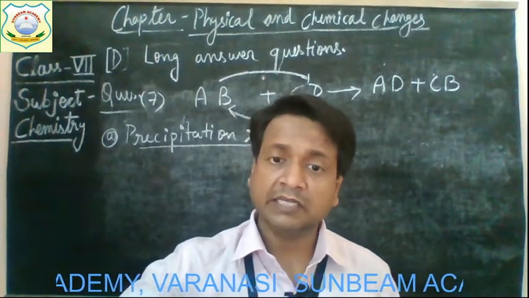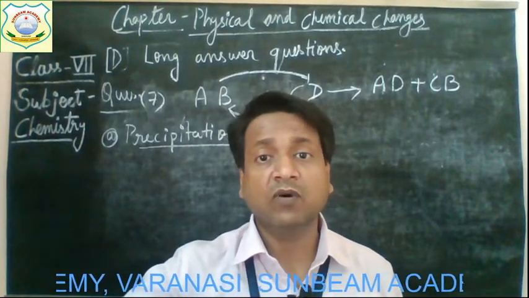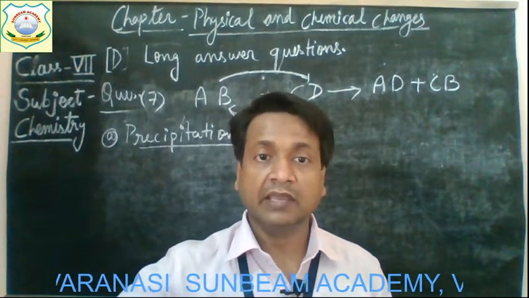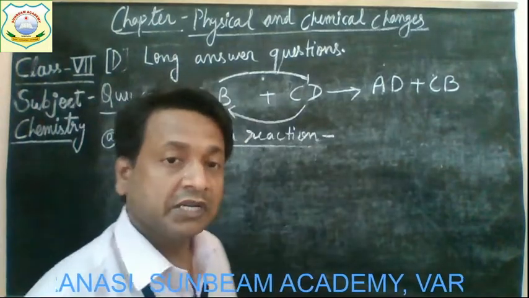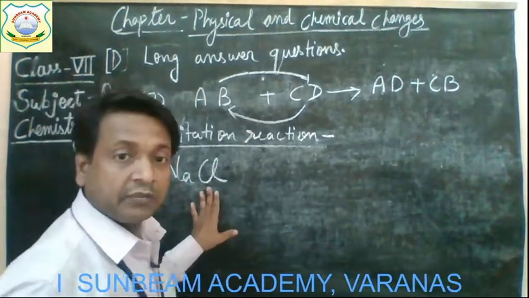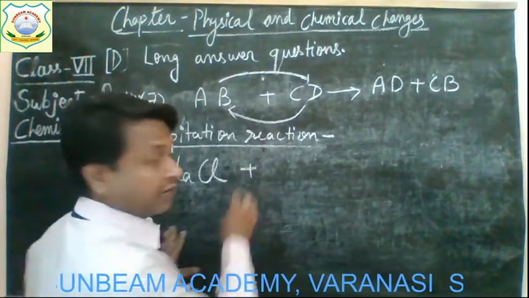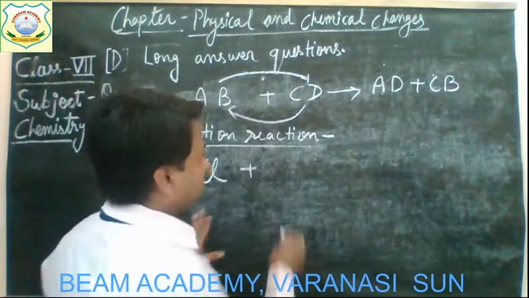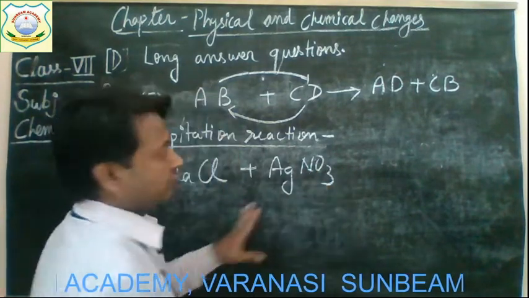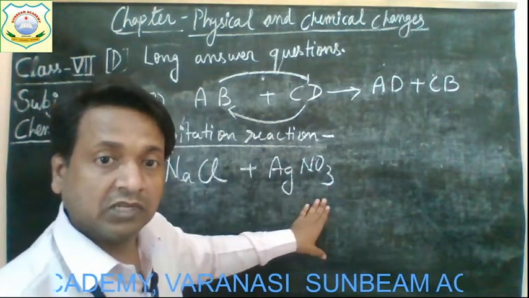Okay, precipitation reaction simply indicates for what? The formation of a precipitate. So the example of this precipitation reaction is when sodium chloride reacts with silver nitrate. The formula is AgNO3.